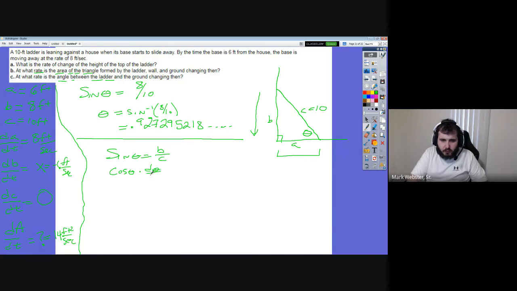That's what we're looking for. And then b over c, we could use quotient rule, low d high minus high d low over low squared. Low d high minus high d low over low squared.